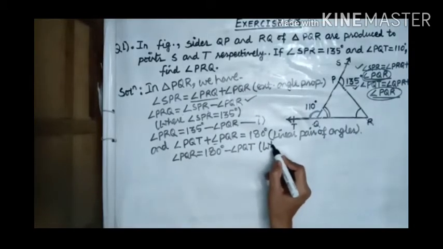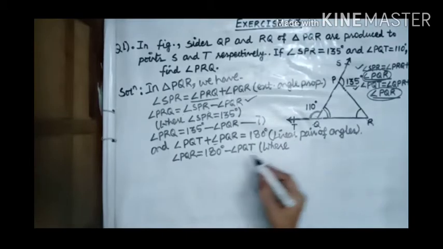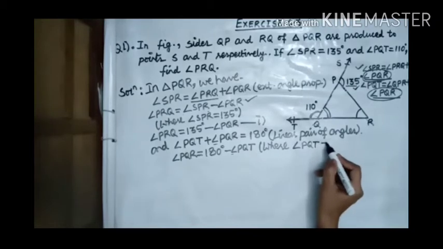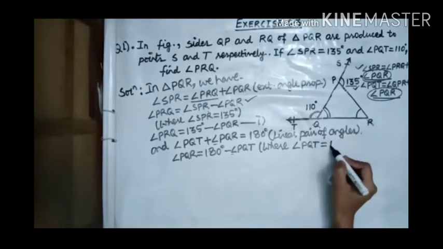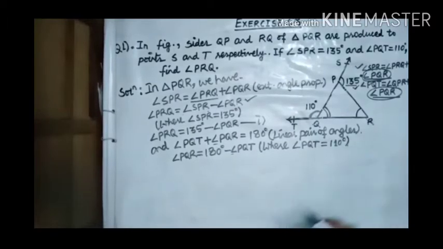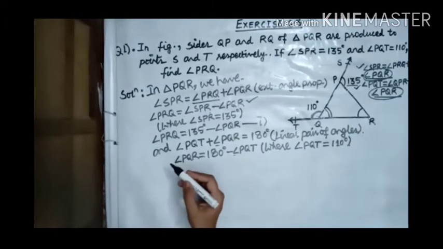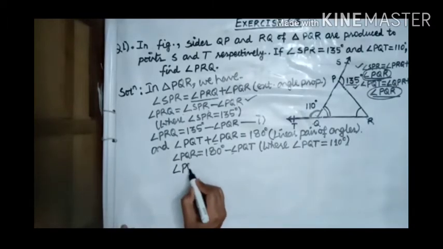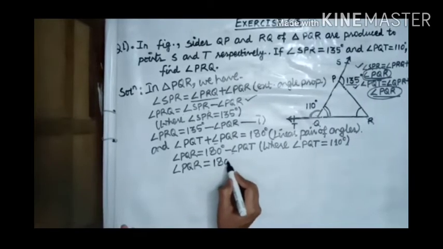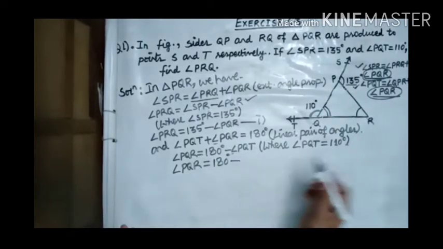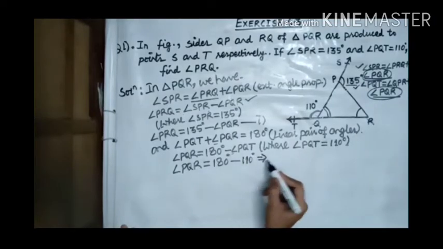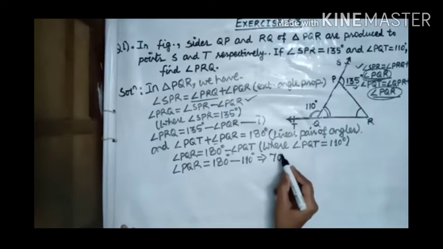where angle PQT we are given as 110. Therefore, angle PQR equals 180 degrees minus PQT, we use 110. 180 minus 110 equals 70 degrees.